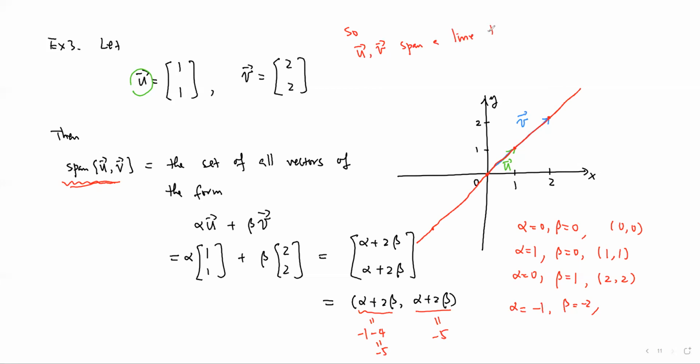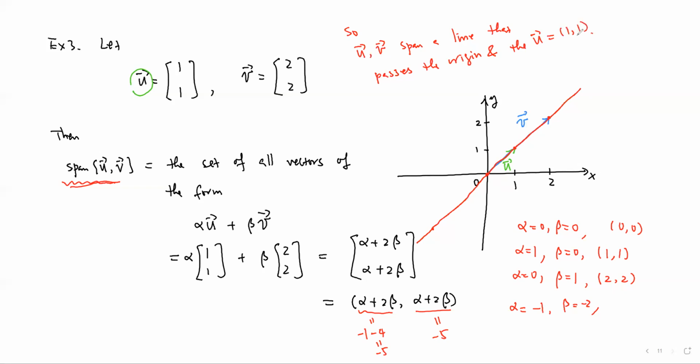Which line? The line that passes through the origin, and two points can fit a line. Let me pick this point U, which is (1, 1).